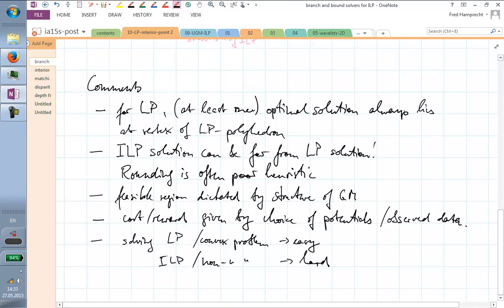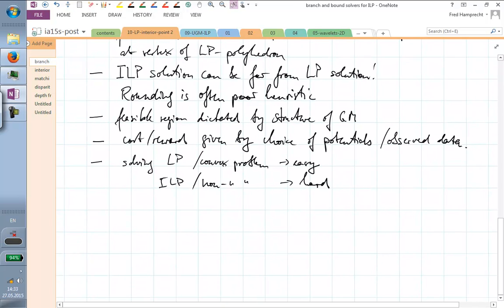So let's now talk about how to solve this ILP. Perhaps your first idea, or my first idea, is to enumerate exhaustively. This is usually a bad idea.